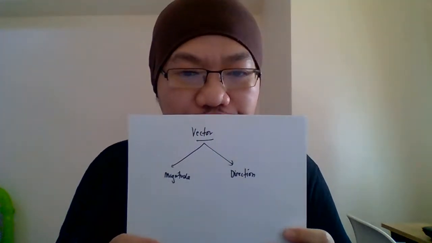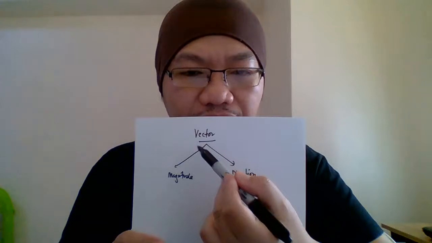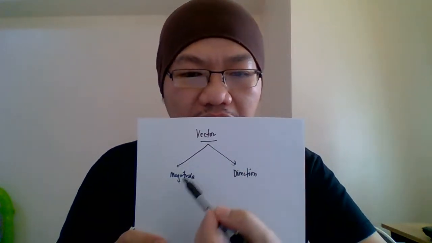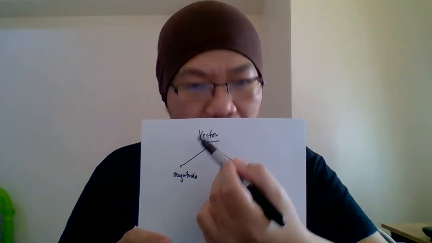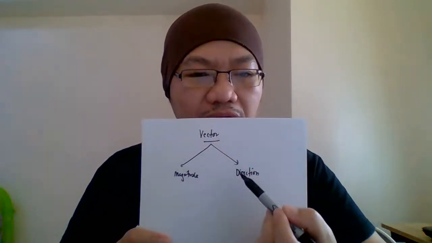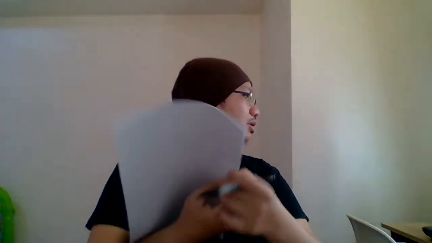Number one, it must have the magnitude, and the second thing about the vector, it must have the direction. So vector is defined by these two things. Vector means magnitude, and to complete the definition of vector, it also must have the direction, right?